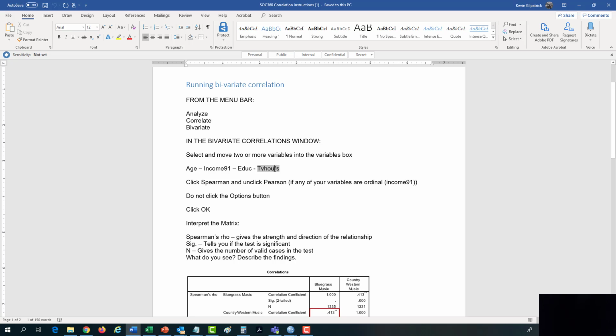How many hours a day do you watch TV? Well, I watch 2 hours a day or 20 hours a day. You know the exact difference. Do not click the options button. Once you have your variables in the box and you have clicked the appropriate coefficient, just click OK.